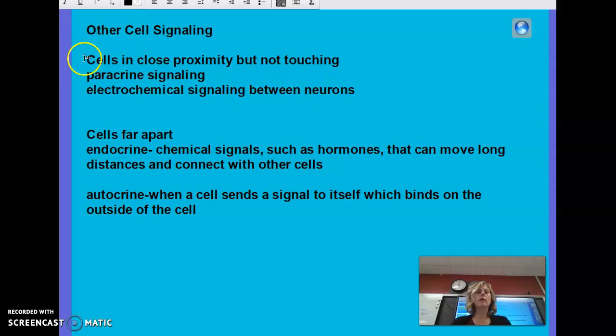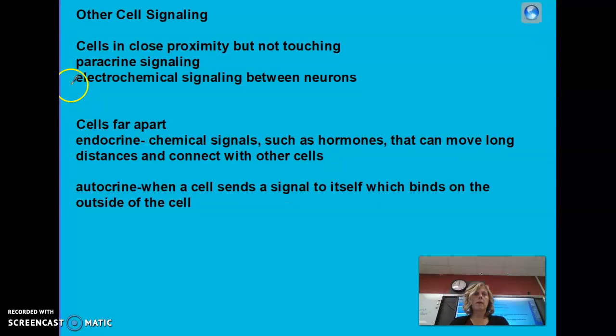Then we would say they're in close proximity, and there are a couple of different ones that were mentioned. They mentioned paracrine signaling and also electrochemical signaling that might be used. That's how neurons work. Remember that nerve cells are not physically touching each other, but they're close, so they have that synapse where they send those electrochemical signals from one nerve cell to another.